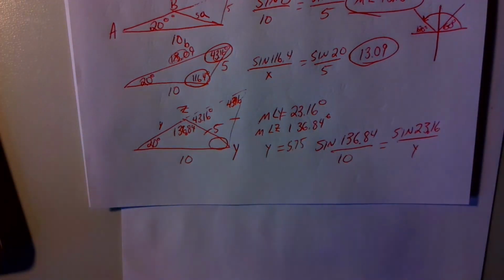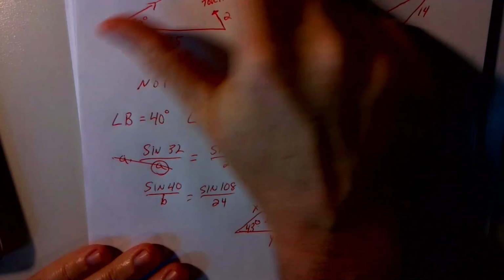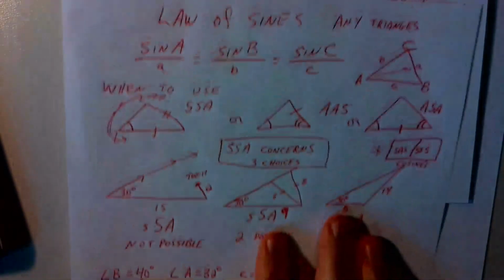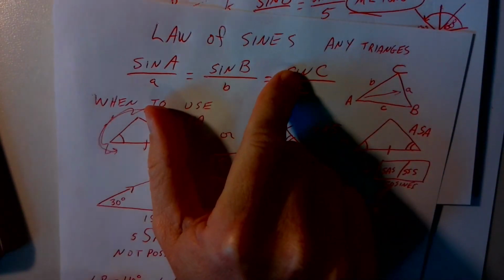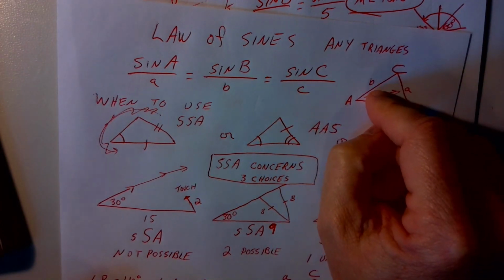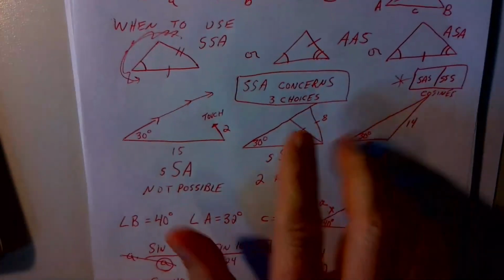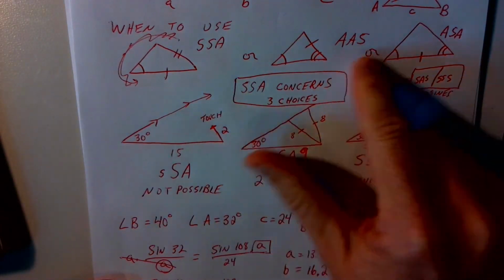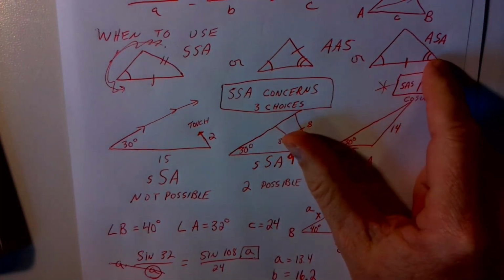Okay, so in summary about all this law of sines stuff, law of sines is used for non-right triangles. Except right triangles, we can use SOHCAHTOA, so we don't need this necessarily. We can do it on an SSA, an AAS, or an ASA situation.